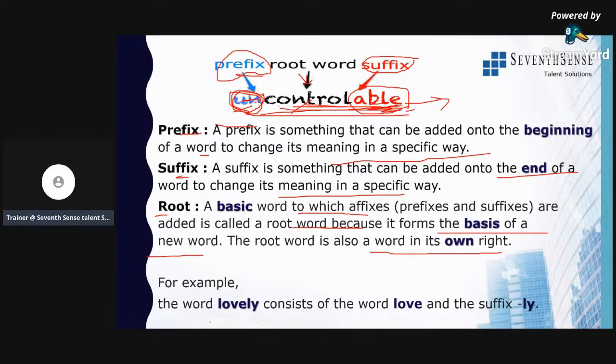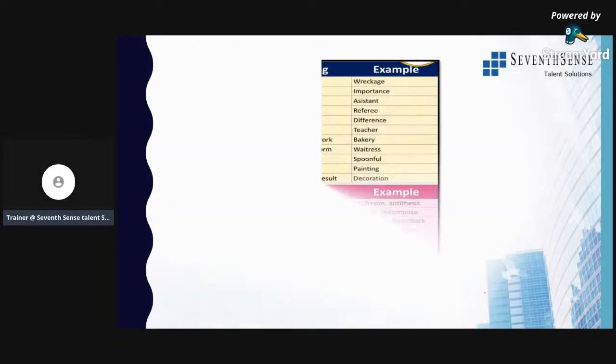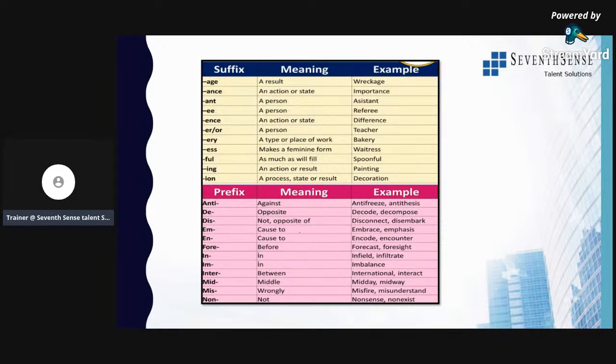For example, lovely consists of love as a root word and the suffix -ly. Every suffix has some particular meaning.